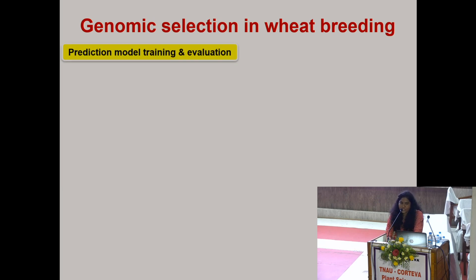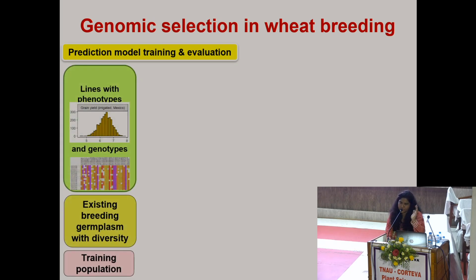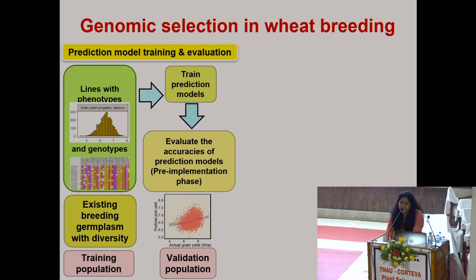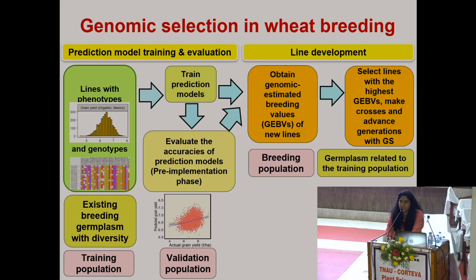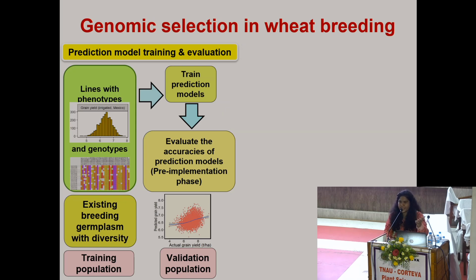I'm going to quickly talk about the structure of genomic selection. The first thing we do is train a prediction model. We have lines that have phenotypes and genotypes, and that is called the training population. For example, let's take about 300 individuals which have both grain yield data as well as genotype data. We use that information to train prediction models, and then use them to predict another set of individuals.